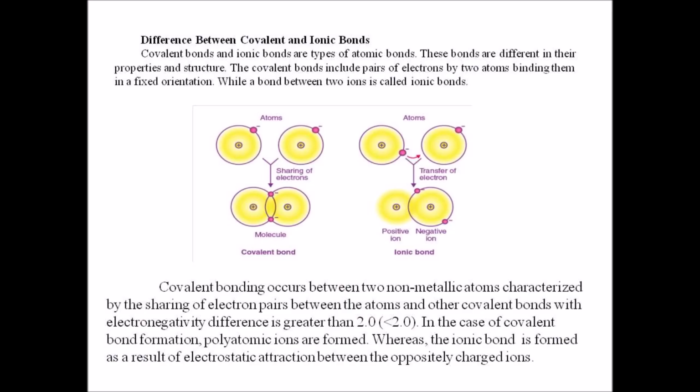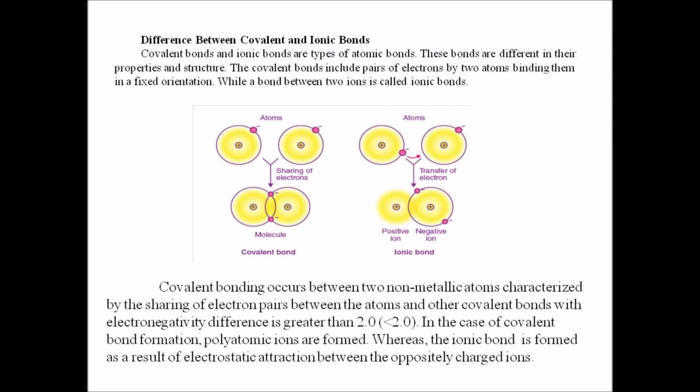Here is the difference between a covalent bond and an ionic bond. Covalent bonds and ionic bonds are types of atomic bonds. These bonds are different in their properties and structure. The covalent bond involves pairs of electrons shared by two atoms, binding them in a fixed orientation, while a bond between two ions is called an ionic bond.